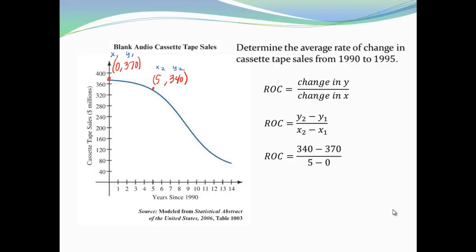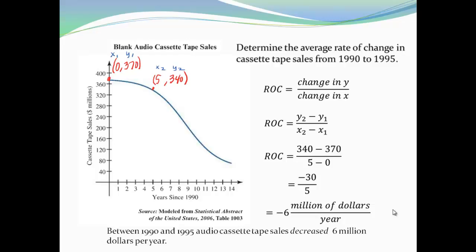If I plug that into our rate of change formula, we're going to have 340 minus 370 over 5 minus 0. So I'll have negative 30 over 5, which is negative 6 millions of dollars per year. That means between 1990 and 1995, audio cassette tape sales decreased $6 million per year.